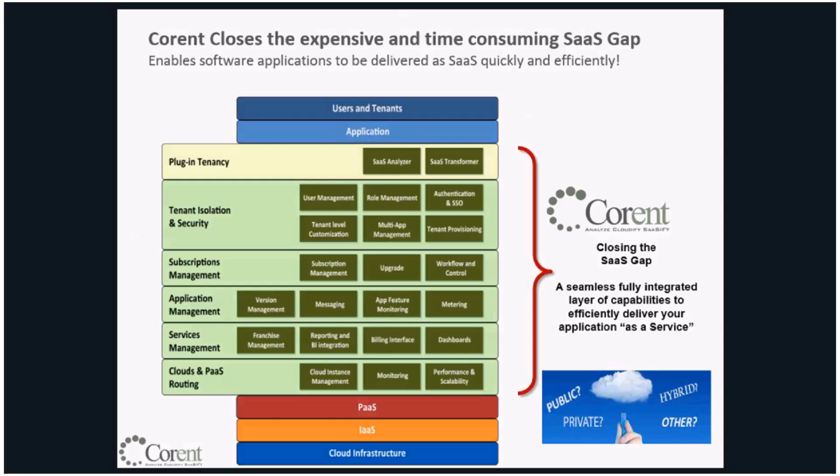And what we do is bridge this gap in a seamless manner, such that all these layers of functionality that you require, right from embedding tenancy into your application to how it is managed, including the security, all the way to the business aspects such as subscription management, to the operational characteristics that are required for managing an application from an operations perspective, to all the services for connecting to the cloud and managing it on the cloud. All these are multiple layers that are added as part of enhancing your application such that it can be delivered as SaaS.